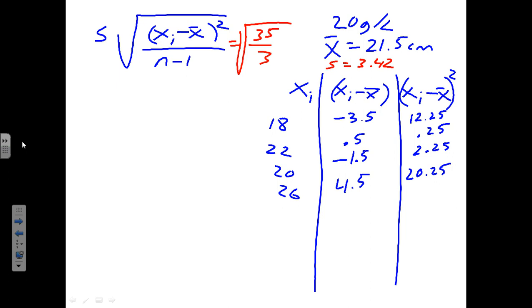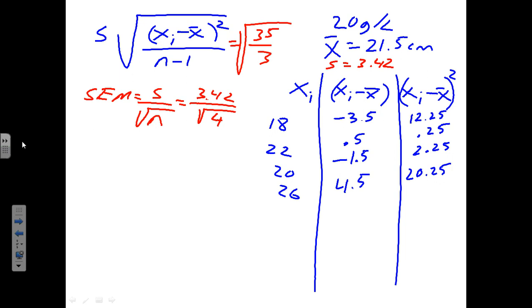We need to go ahead and calculate the standard error of the mean, SEM. Remember that that's equal to the standard deviation over the square root of the sample size. So for this problem, it's going to be 3.42 divided by the square root of 4. Sample size is 4.